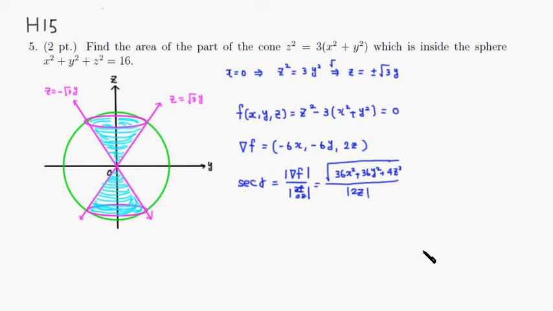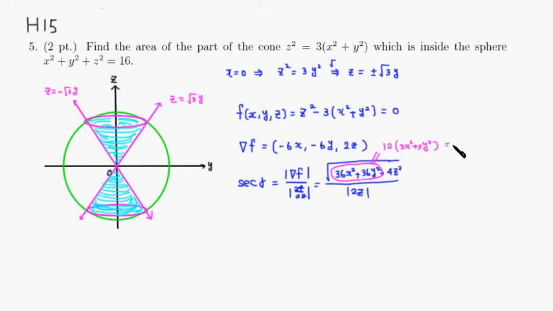We can substitute. Pulling out 12, 36x squared plus 36y squared is the same thing as 12 times 3x squared plus 3y squared. But remember that 3x squared plus 3y squared is the same as z squared.